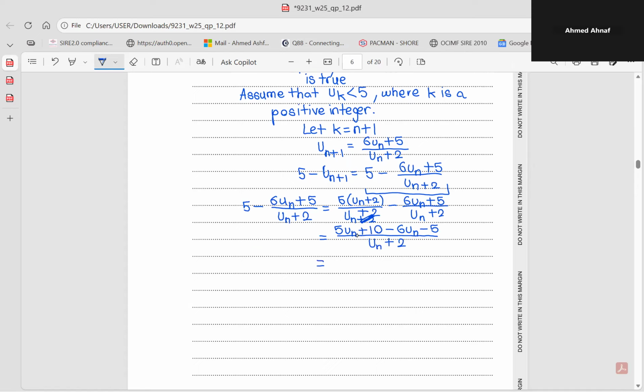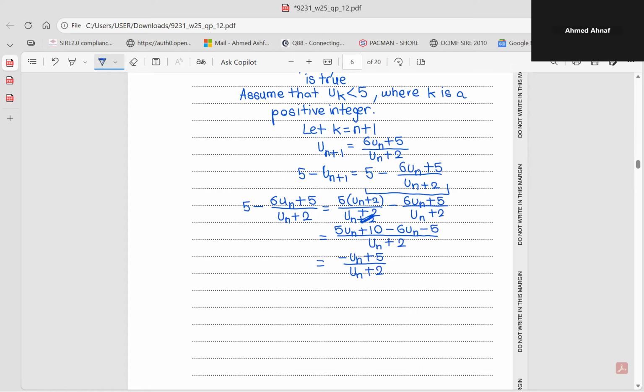It's 5Un minus 6Un is minus Un, plus 10 minus 5, that is plus 5, over Un plus 2.